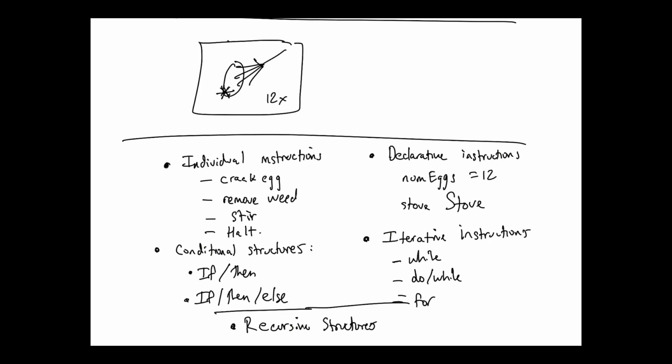So an individual instruction, or perhaps a declarative. I could say something like num eggs equals 1. Or well, let's just say 12, because we were using a dozen eggs.